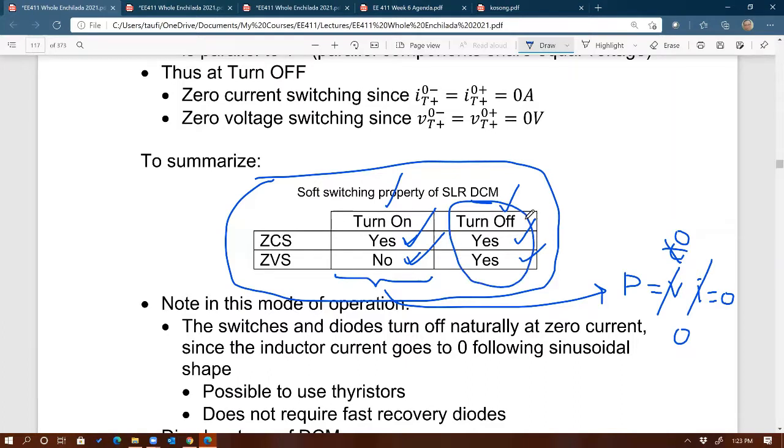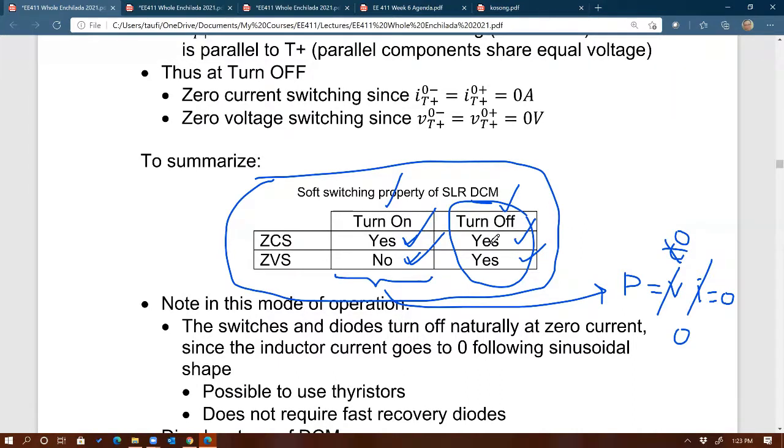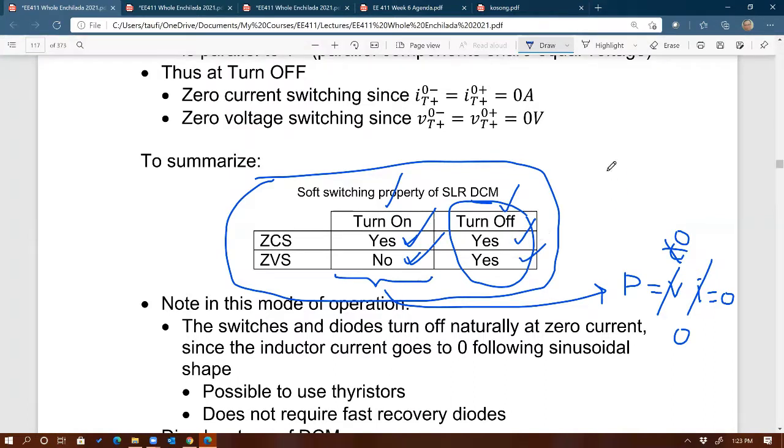You can see that for turn off, when the switch turns off, it turns off at zero current and zero voltage. This is to guarantee that you have soft switching, that you have zero power during switching loss. Even though, let's say the current is zero, but imagine if the current is bouncing back, if the voltage is zero all the way, then it doesn't matter if the current is bouncing back; eventually it goes to zero and you will still have zero switching loss.